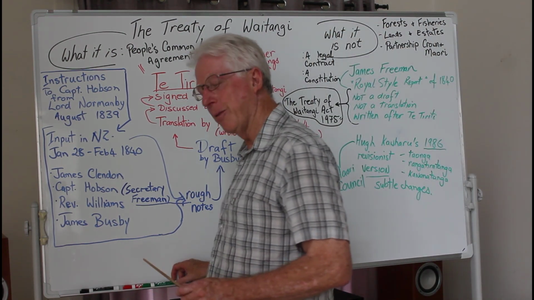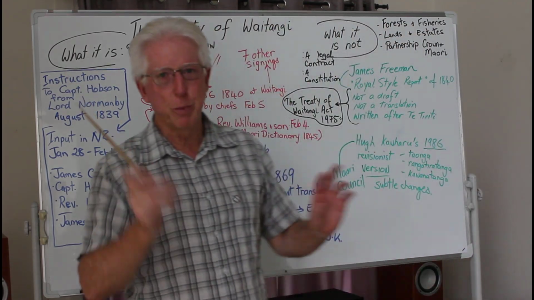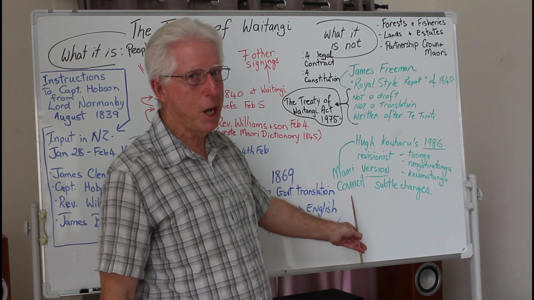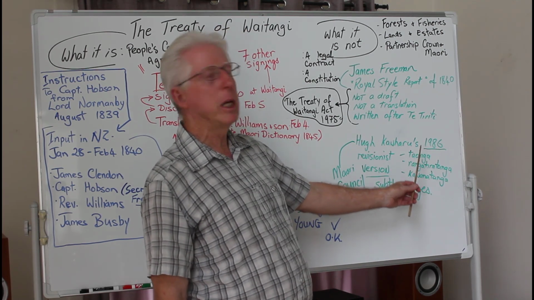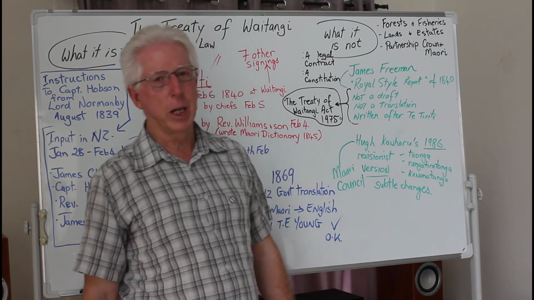He, a very clever professor, studied at Cambridge, English mother, part Maori father. He, as a member of the Maori Council, did a very subtle translation and changed the meaning of three key words, taonga, rangatiratanga, and kawanatanga.